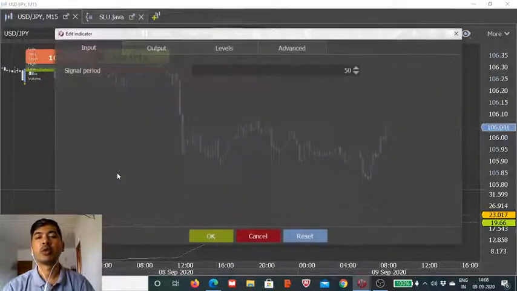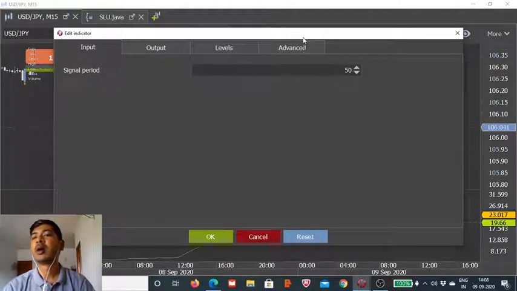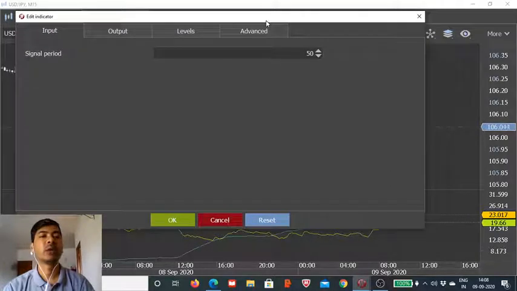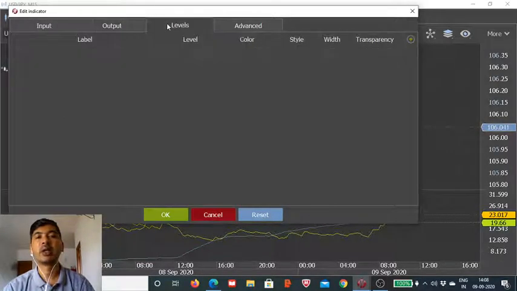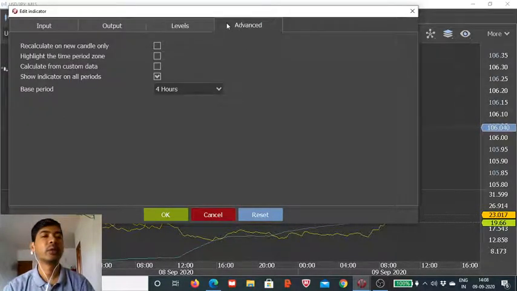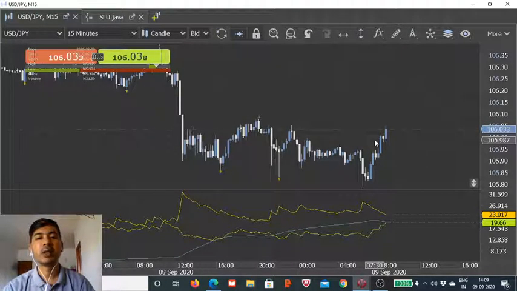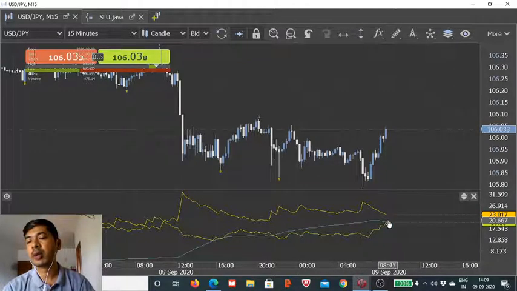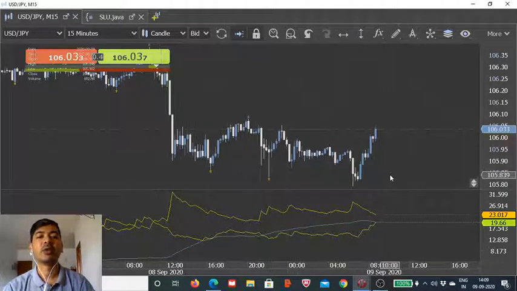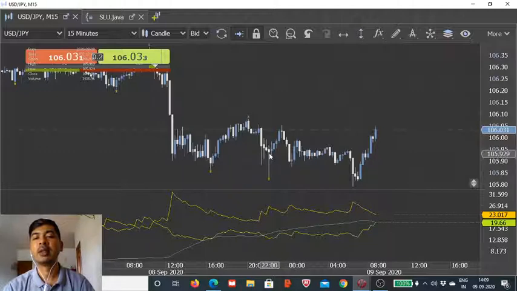So here through the editing option, I think on the Visual JForex platform you have those options, but here on the JForex charting we don't really see that option. So because of that we can't really choose the applied price here, but we can choose the applied price on the Visual JForex platform, and it simply means what is the price of each candlestick you want to take into consideration.